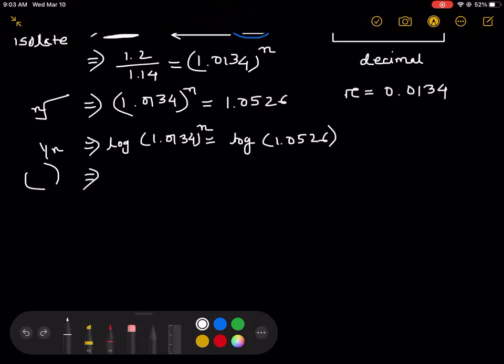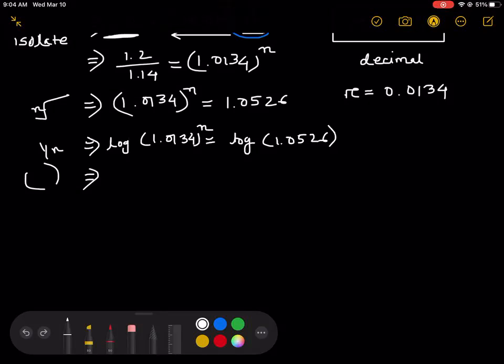I completely agree with her that we should take log on both sides. But the question would be why? There should be a logic behind this, right? Is it to get rid of the exponent of n? And how can you do that? That's the part I'm not clear on. Exactly. That's why I'm trying to do that.